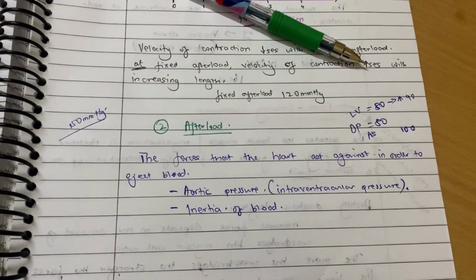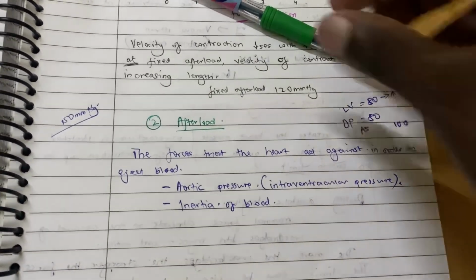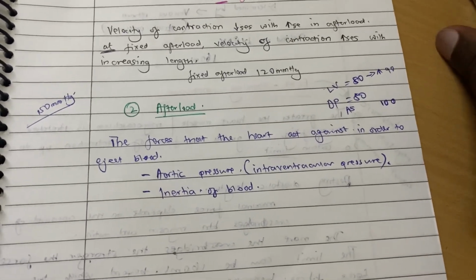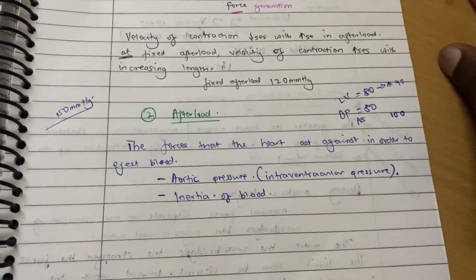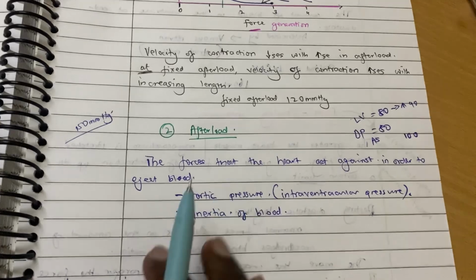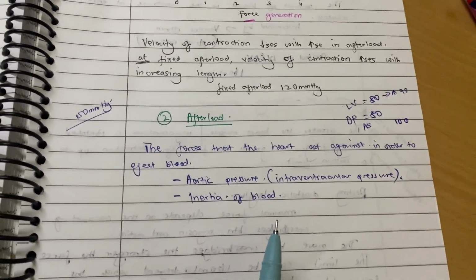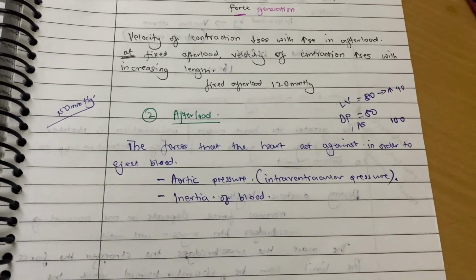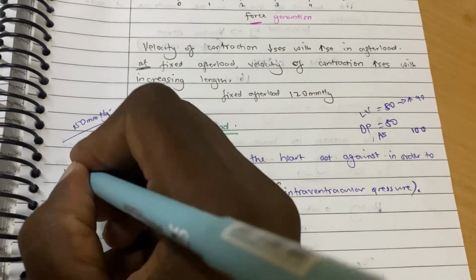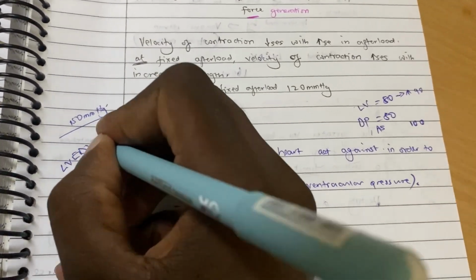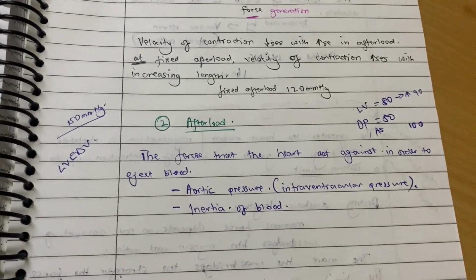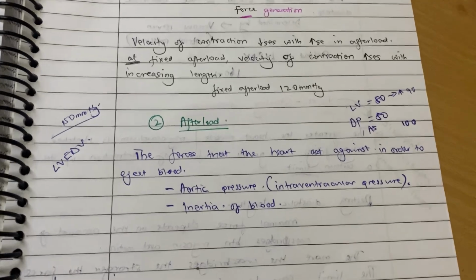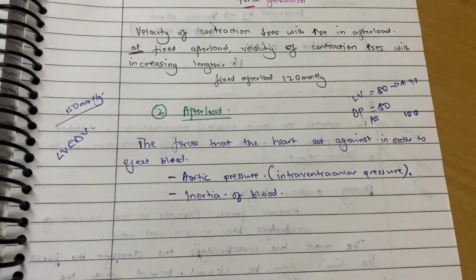If the amount of blood is less, the force required to overcome inertia will not be much, and in normal circumstances those inertial forces are negligible. But in cases that increase LV EDV, inertial forces become significant, because this is a large amount of blood that requires excessive force to move it.